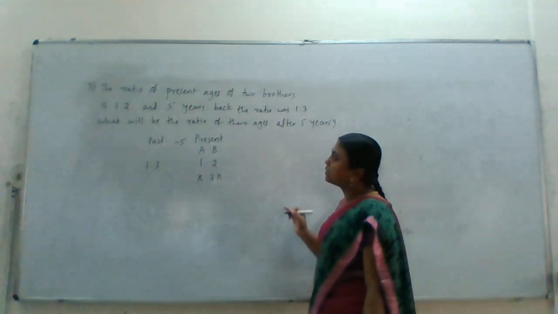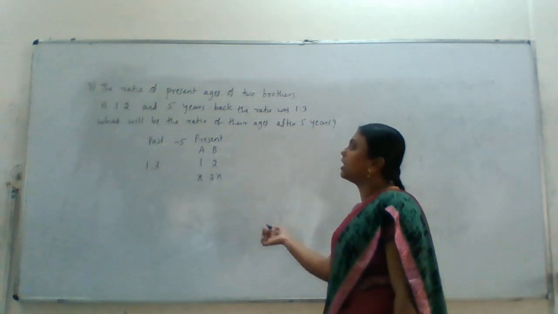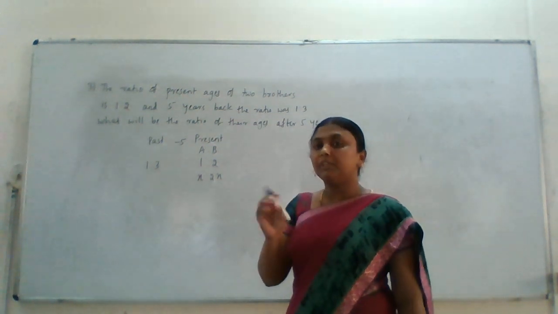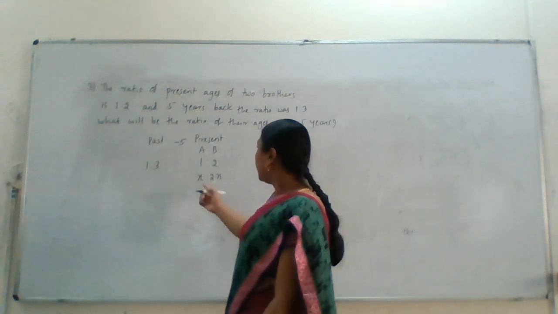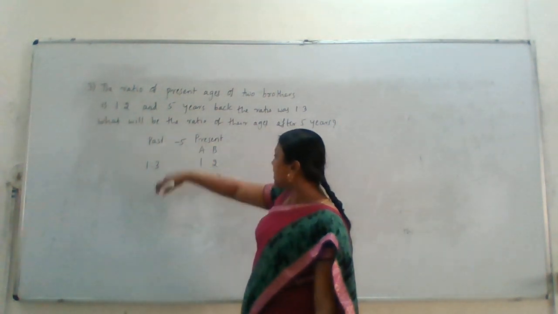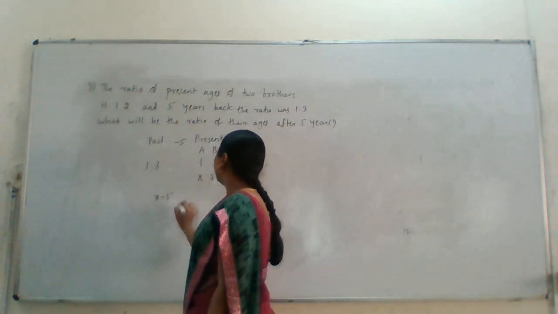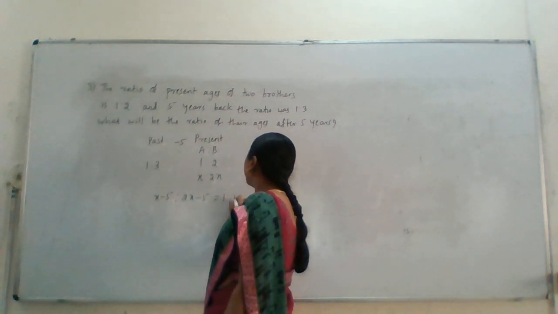Then what will be the ratio of their ages after 5 years? So you should find out the ratio of their ages after 5 years. So here 5 years back means x minus 5 is to 2x minus 5 is equal to 1:3.